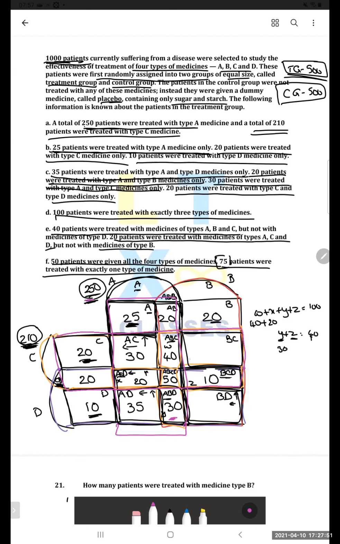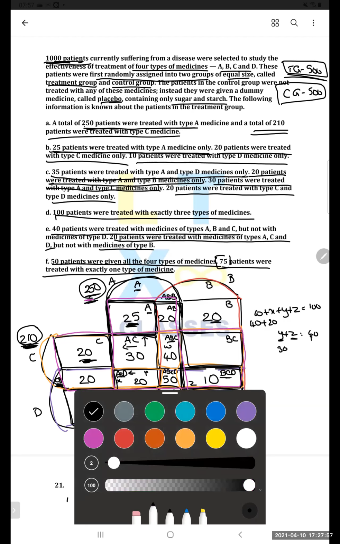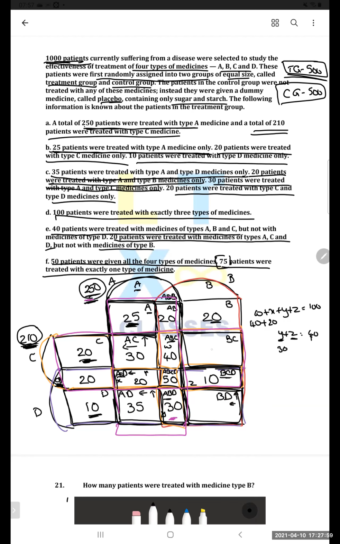Everybody followed how Nagraj came to 20? 20 plus 20 plus 20. Let's quickly add: 40, 90, 180, 190. So this is 20.